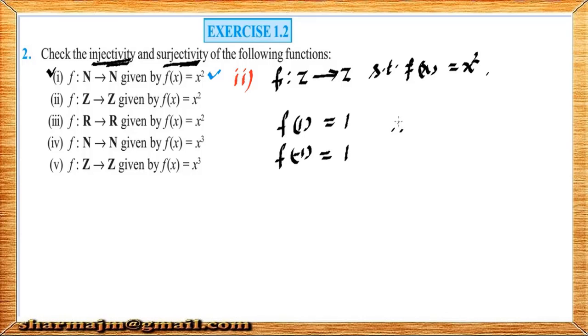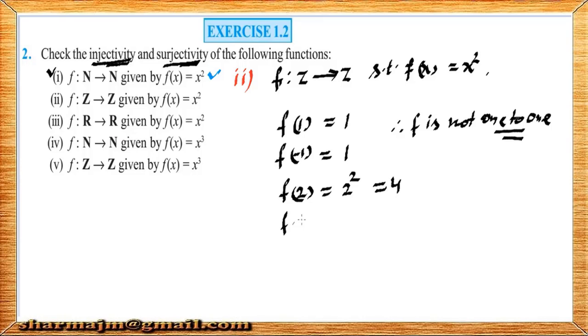Therefore f is not one-one. One counterexample is enough to show this. So you can show it like this, and you can check for your convenience. f of 2 is 2 square by definition, so it is 4, and f of minus 2 is minus 2 square, which is also 4.